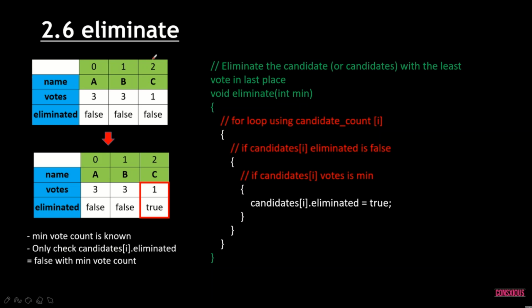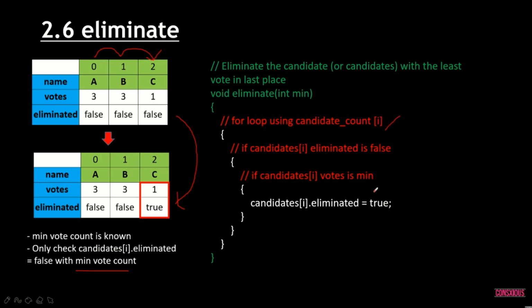For the eliminate function, you can see here the lowest vote count is 1. It's false. We just have to change it to true. So the minimum vote count is known, and we only check candidates whose eliminated equals false with the minimum vote count. This is quite direct. Basically, we have to do a loop through the candidate count.